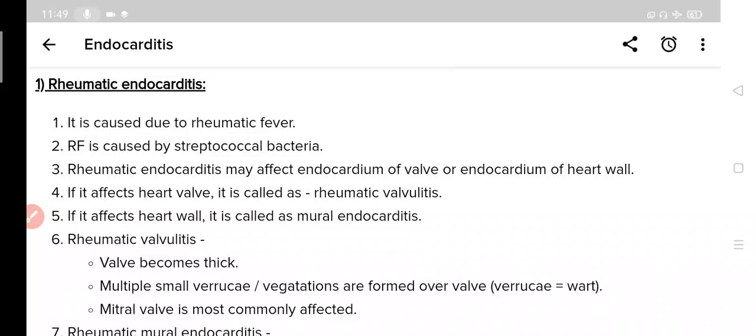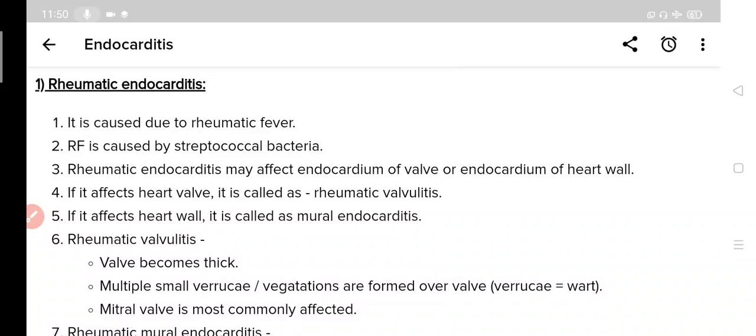Rheumatic endocarditis may affect the endocardium of the valve or the endocardium of the heart wall. So rheumatic endocarditis has two components, because endocardium covers both the heart valves and the heart wall.